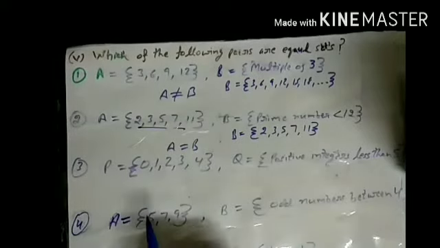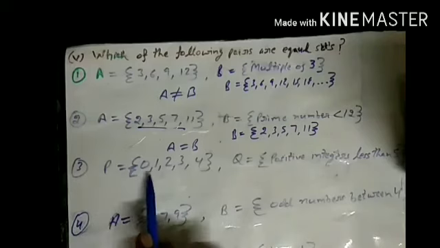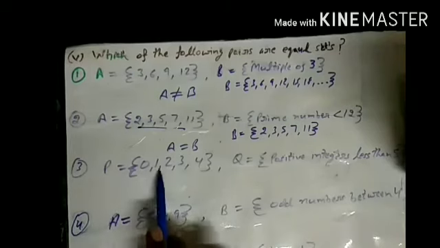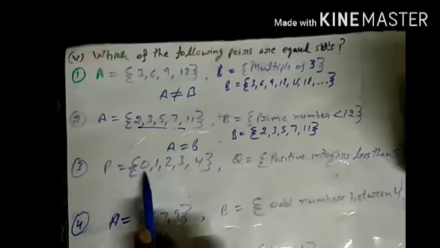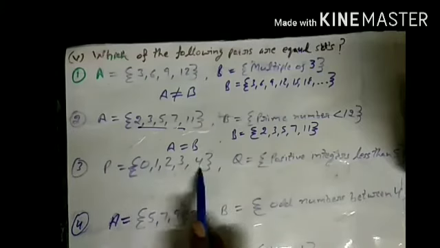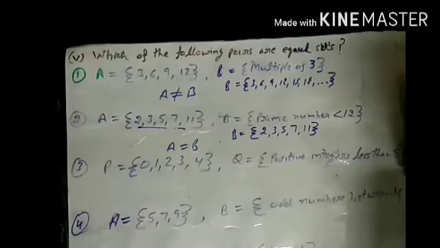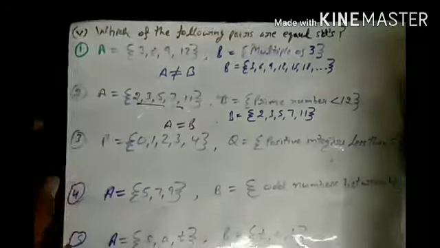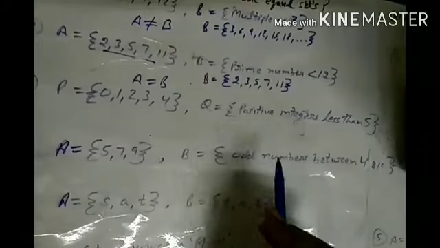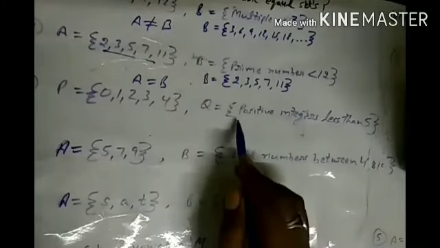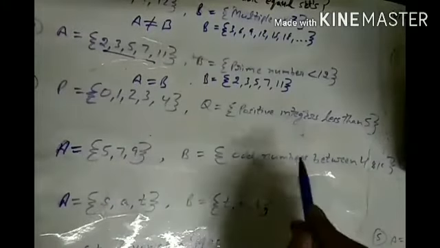Now question number 3. Set P has the elements 0, 1, 2, 3, 4. These are the whole numbers starting from 0 and up to 4. Now the question says set Q is positive integers less than 5.